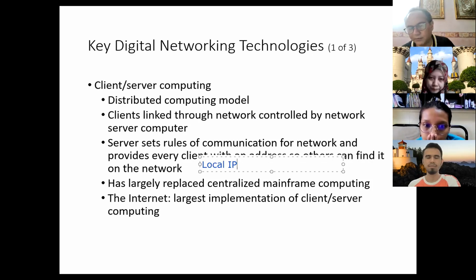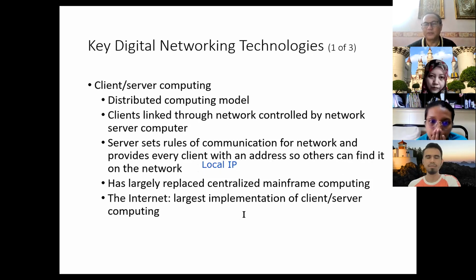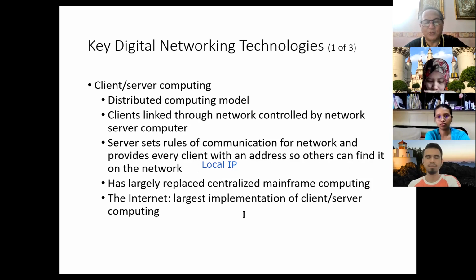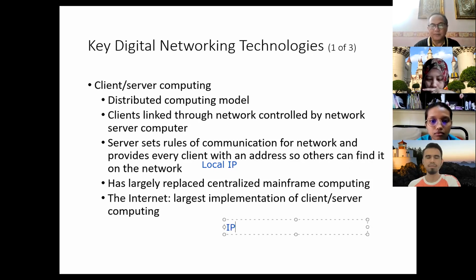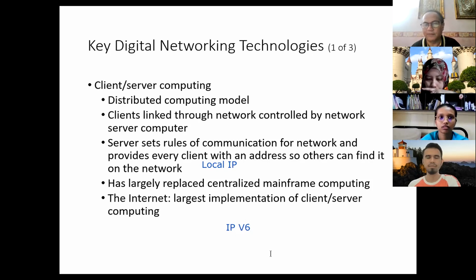Because they cannot provide everyone with their own IP, they generate a local IP address for internal use. This has replaced the centralized mainframe computing service. But with the advent of IPv6, we can do away with the local IP. We'll discuss that later. Today we are still on IPv4.